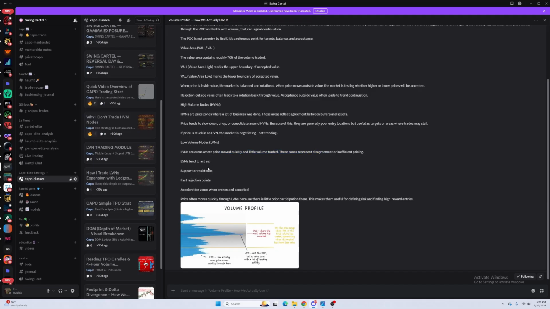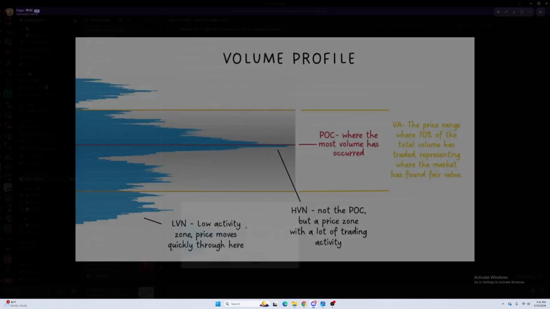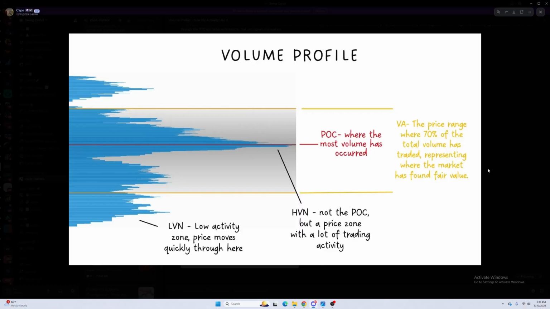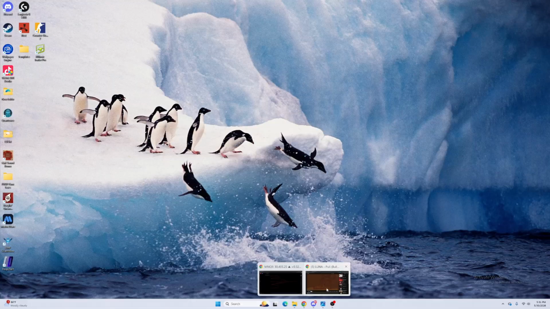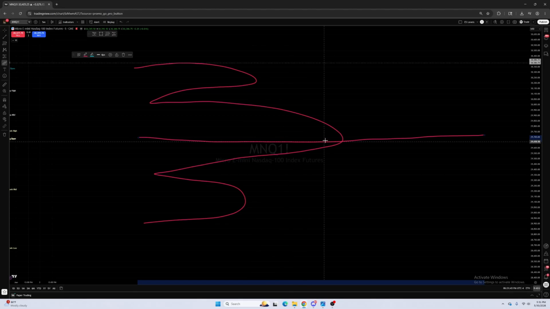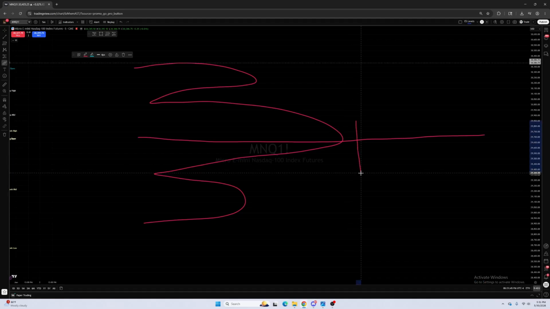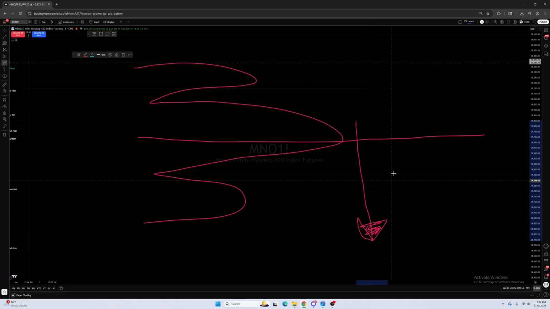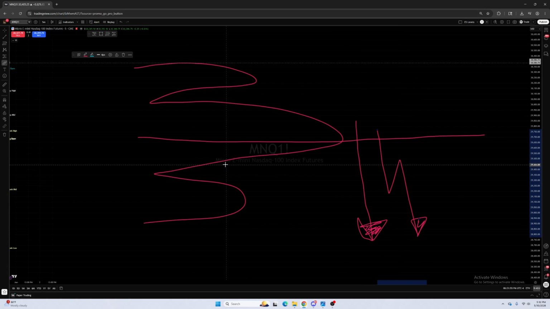So often the low volume nodes tend to favor one of the participants there. Either the goal is for sales, we either can do this straight down, or we can do this. That's pretty much how a low volume node is.